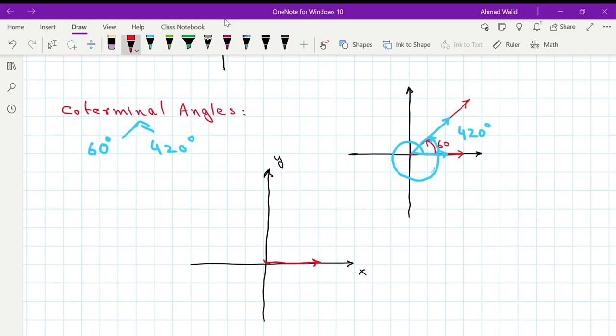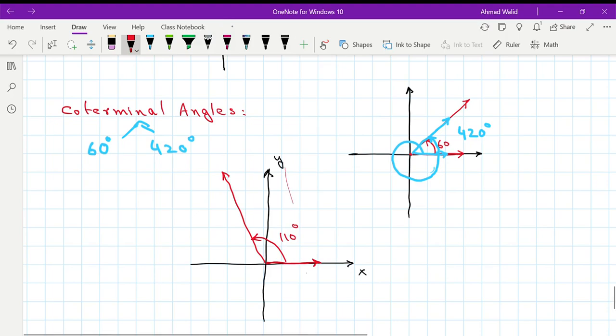An angle something like this will be 110, right? Greater than 90, less than 180. This angle is 110 degrees. They are asking me to find a coterminal angle to 110.